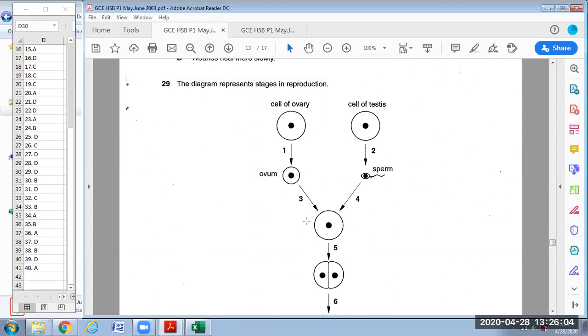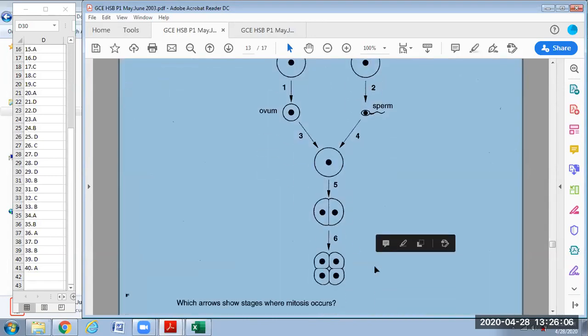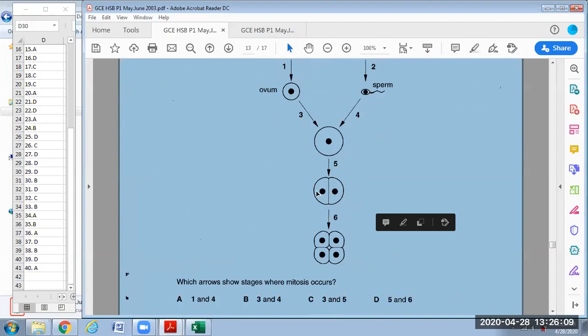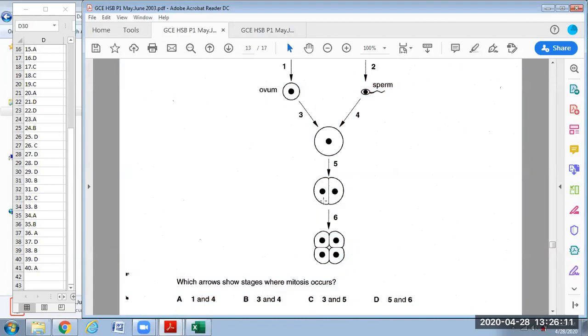Now, when these two meet, they form what you call a zygote, which is basically a ball of cells. So remember that video I showed you all in class, where fertilization leads to implantation and the development of the fetus? Basically, the fetus is growing and growing by cells multiplying by mitosis.